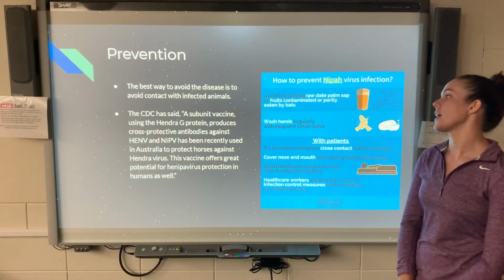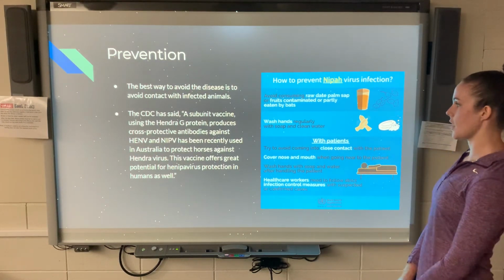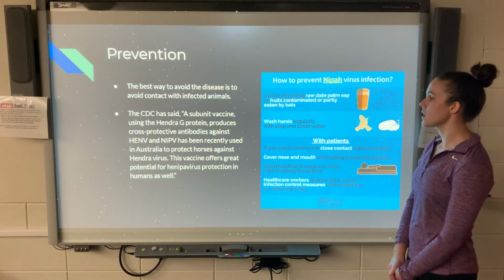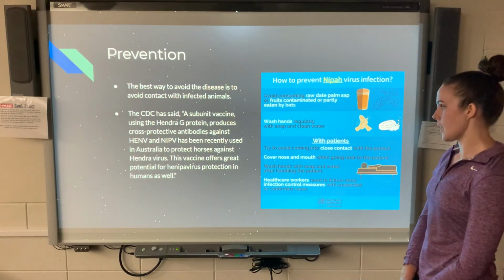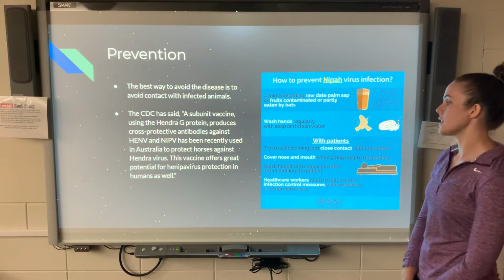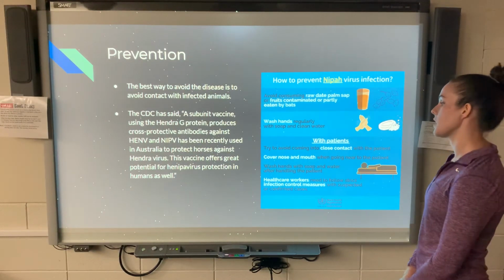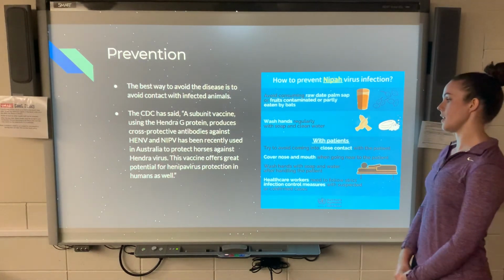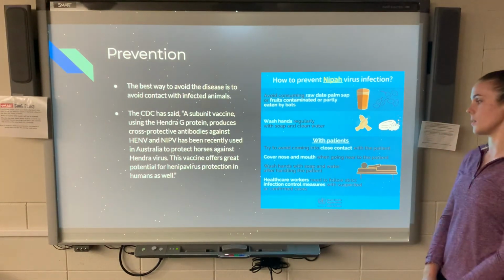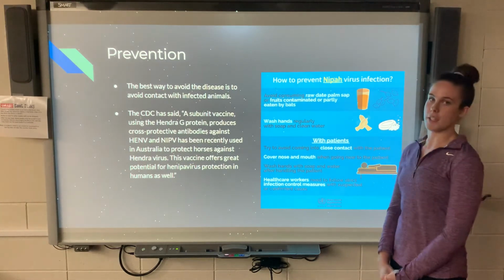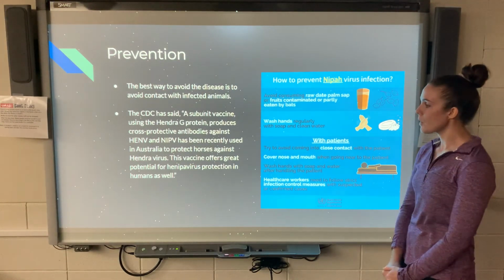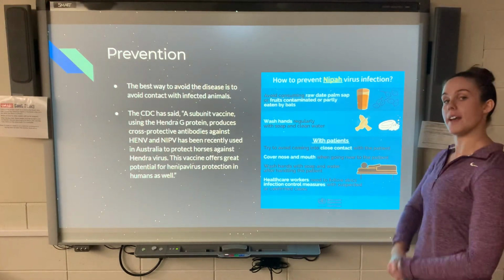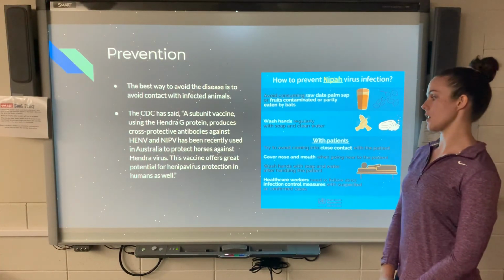The CDC has said that a subunit vaccine using Hendra G proteins produces cross-protective antibodies against HeV and NiV, and has been recently used in Australia to protect horses against the Hendra virus. This vaccine offers great potential for Nipah virus protection in humans as well. So there have been efforts made to find a vaccine. We're well on the way to starting.